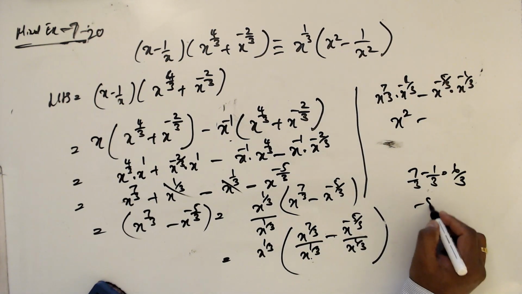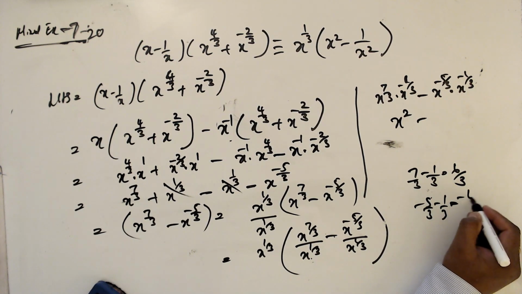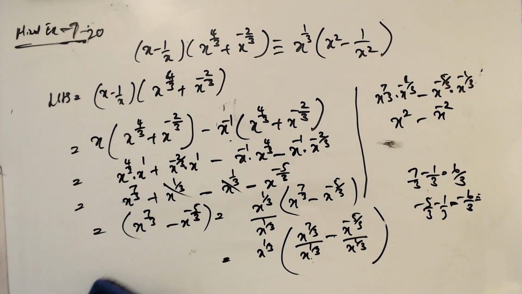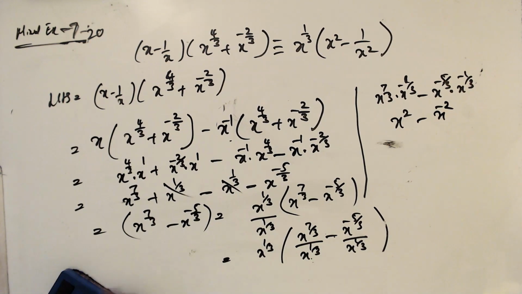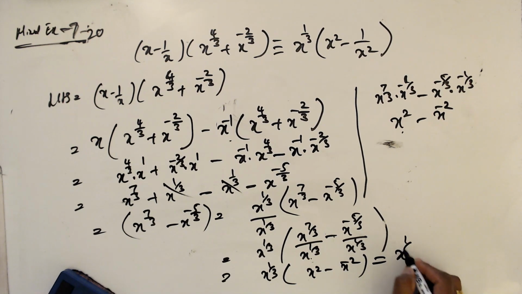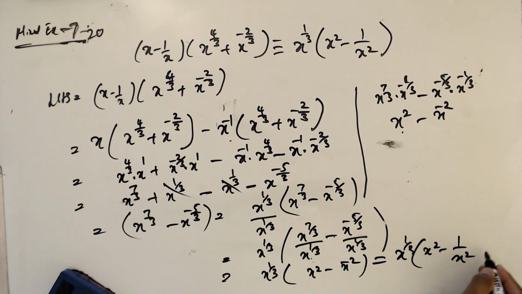And this is minus 5 over 3 minus 1 over 3, minus 6 over 3, which is minus 2. Now I can write here x to the 1 over 3, this is x squared, and this is x to the minus 2, which is 1 over x squared.